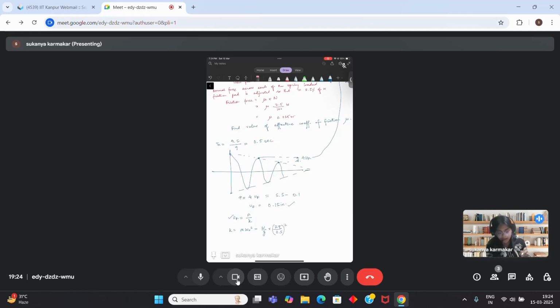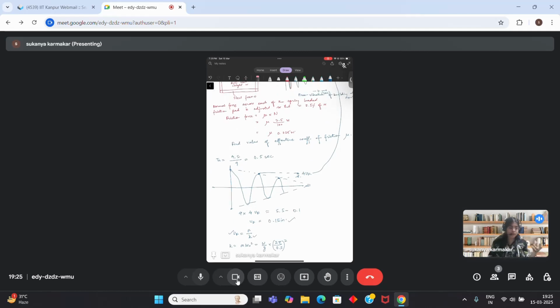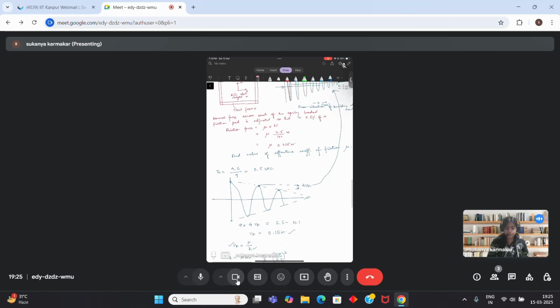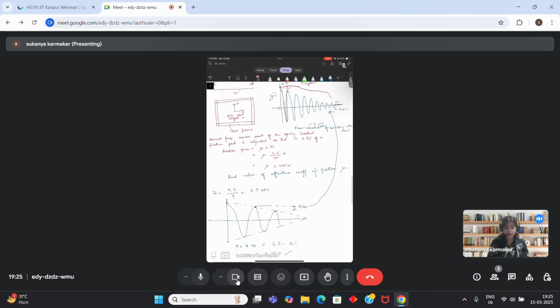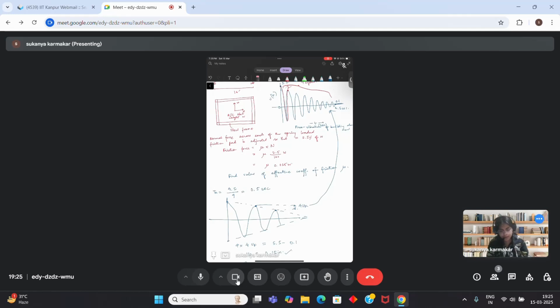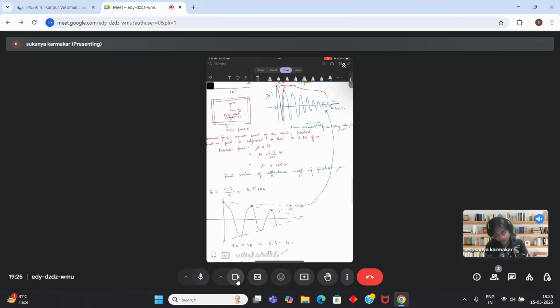So from there I can write stiffness. If I have these two numbers and if I can get the value of F, then I can calculate the value of mu.